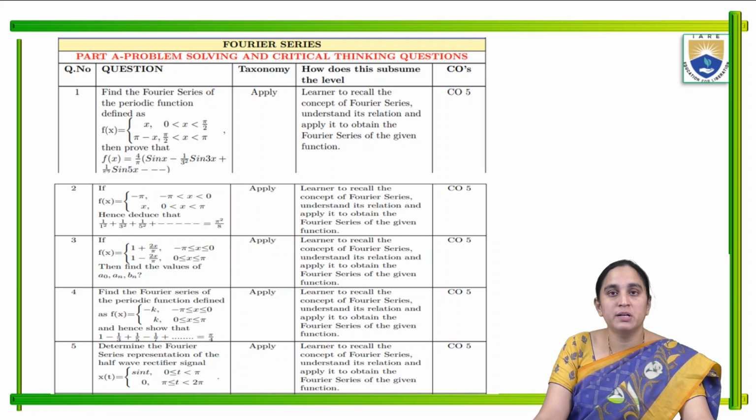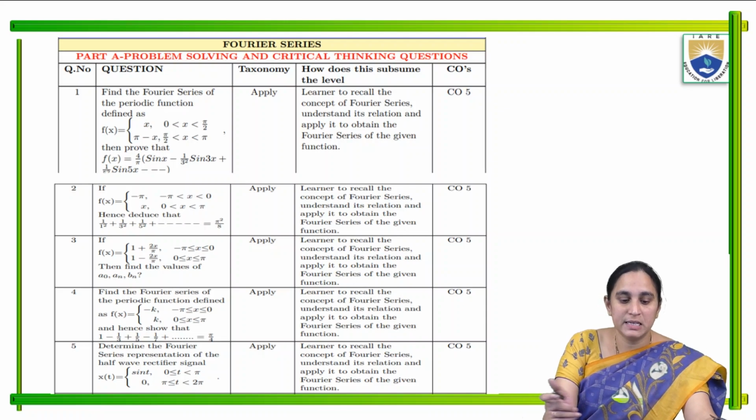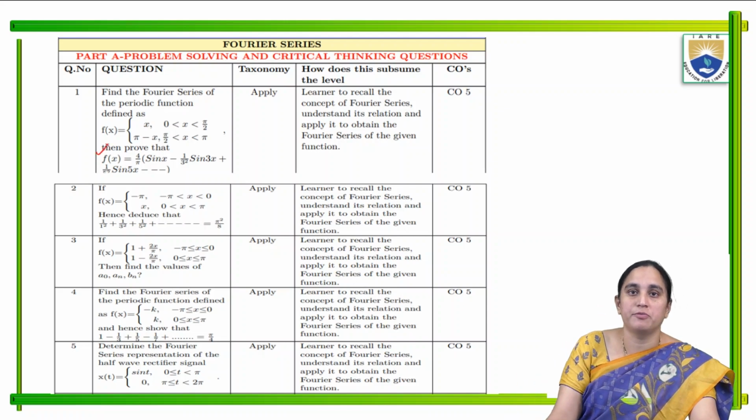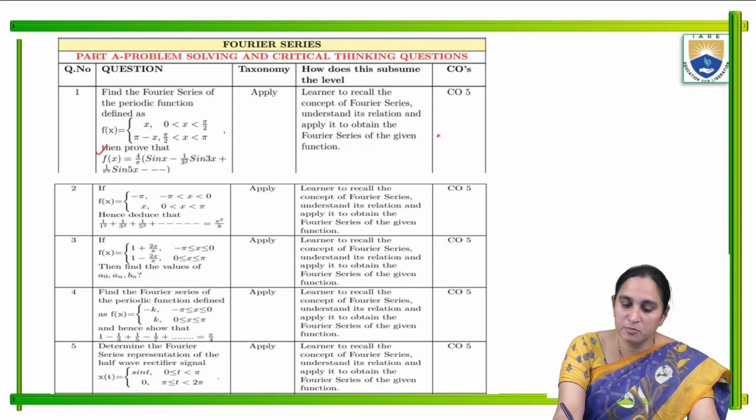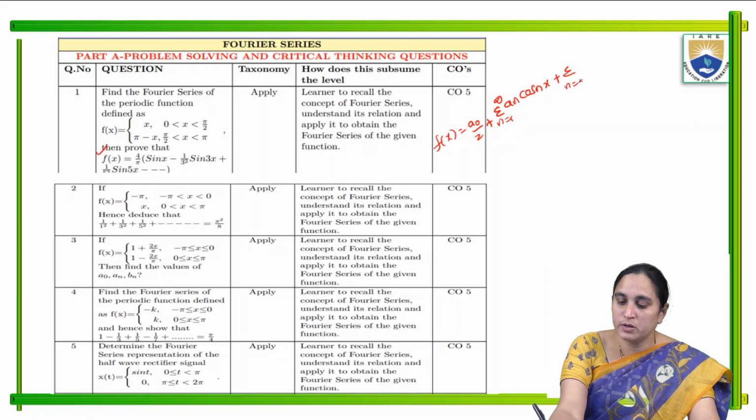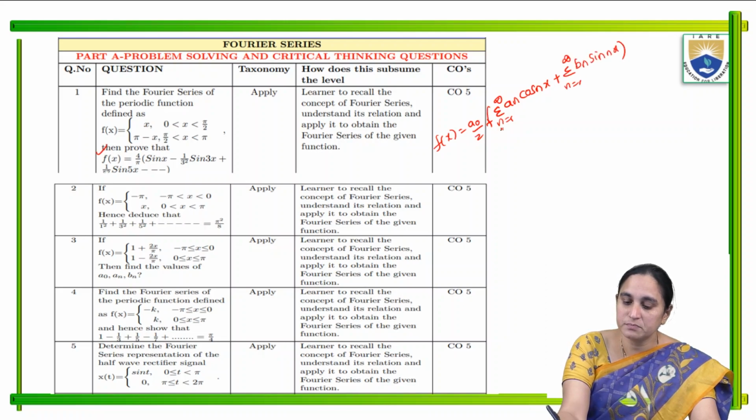Under that, we need the coefficients a naught, a n and b n. First of all, we have to verify the Fourier series expansion according to the given formula, and after that the deduction part of f of x. The formula is f of x is equal to a naught by 2 plus sigma n is equal to 1 to infinity a n cos n x plus sigma n is equal to 1 to infinity b n sin nx.